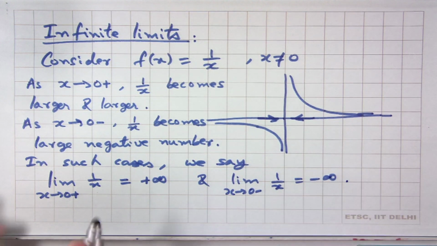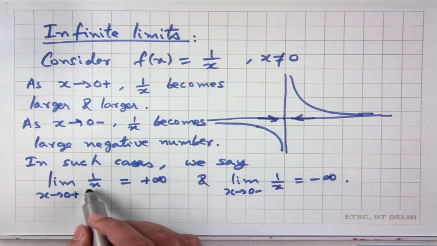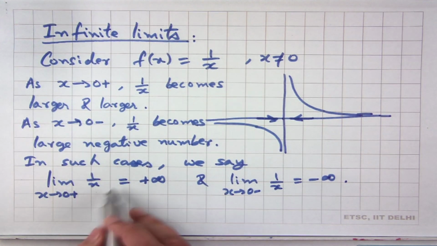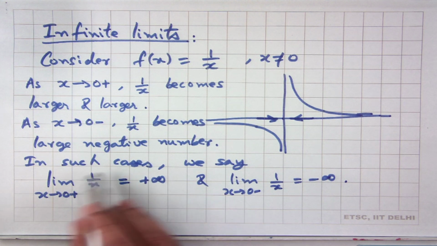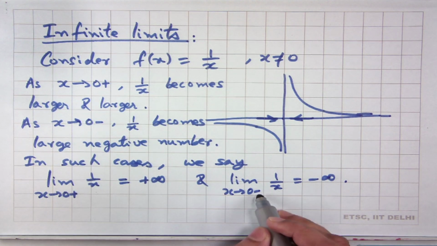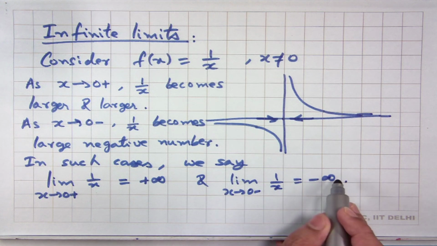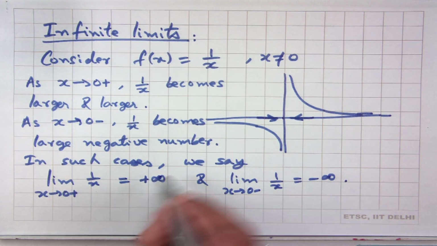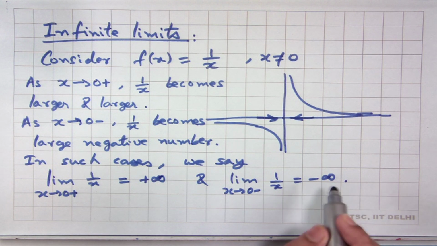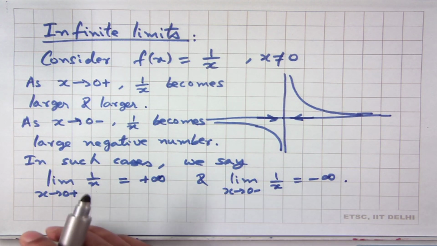This simply means that if x is a small positive number, then 1 by x becomes a large positive number, and if x is a small negative number, then 1 by x becomes a large negative number. We use the symbols positive infinity and negative infinity just to say that.